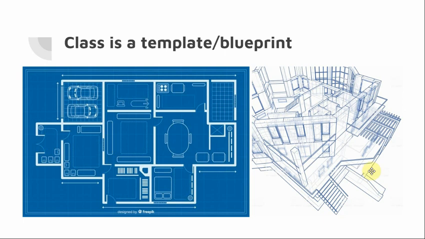So once this template or blueprint is created, we can create as many objects or as many houses as we want. So this is a guideline, this is a helpline, and we always follow this. It helps us create a physical object.